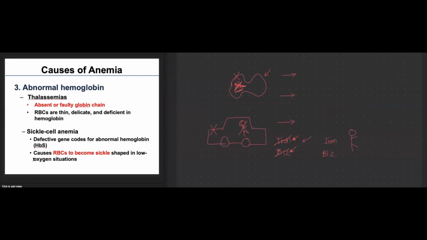Or although I have the iron, I have the vitamin B12, I have a genetic problem that causes me to produce defective hemoglobin that won't allow me to carry the oxygen to the tissues, like in sickle cell anemia, this is going to cause sickling of the cells, or in thalassemia, similar concept. Is this better now?